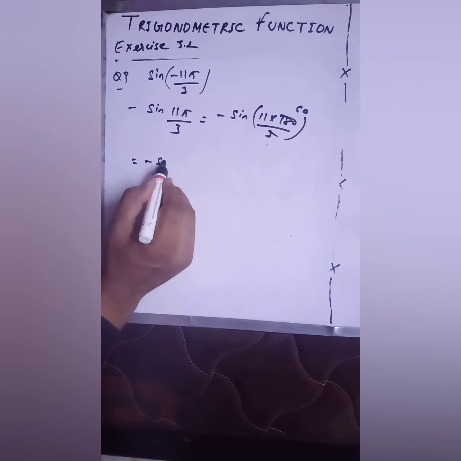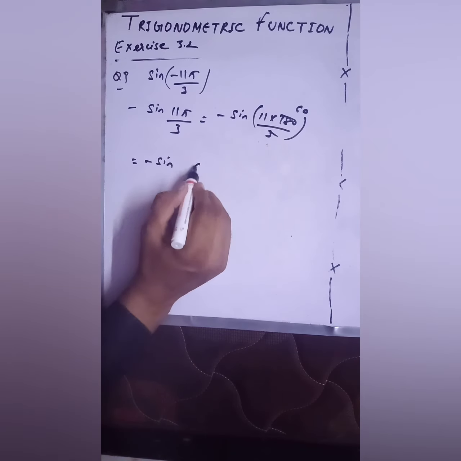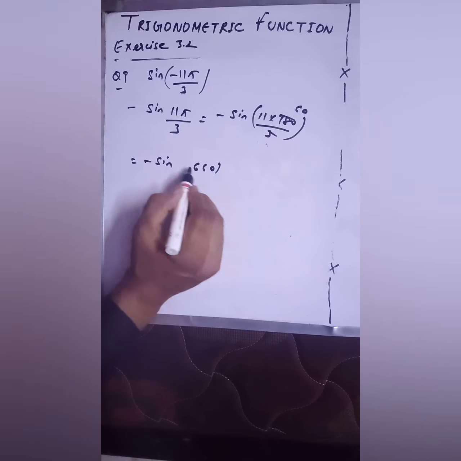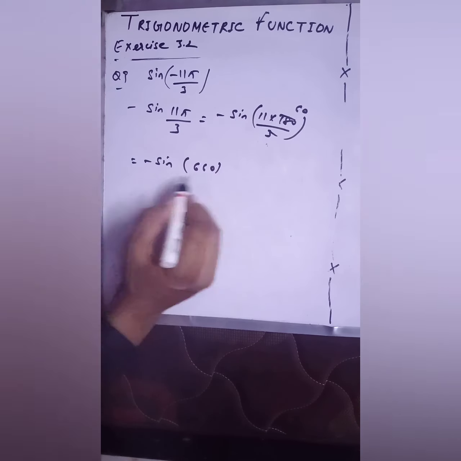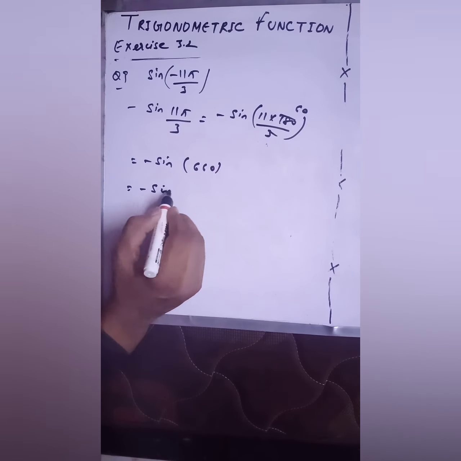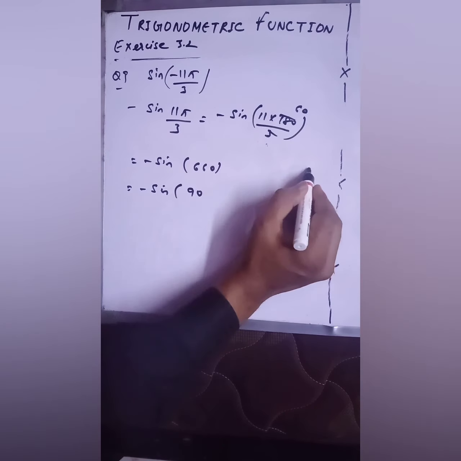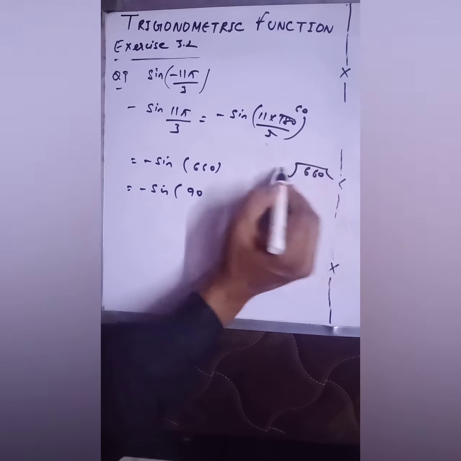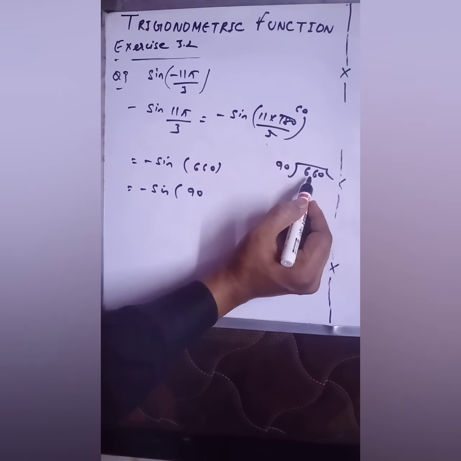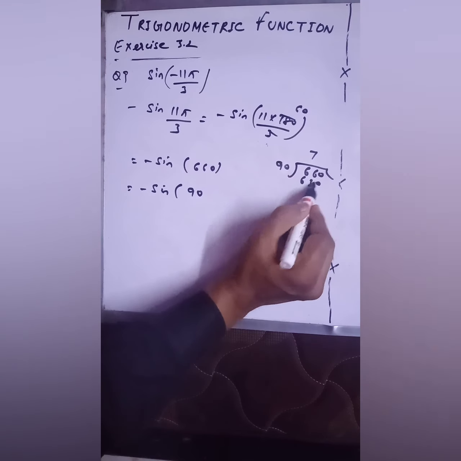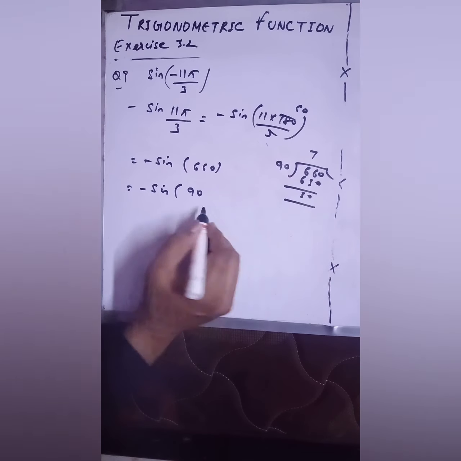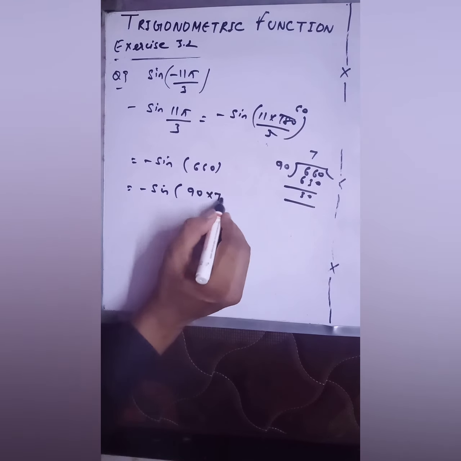So you will get minus sine 660. This is the angle. This can be written as sine 90, I'm dividing this by 7 and writing this angle as 90 into 7 plus 30.